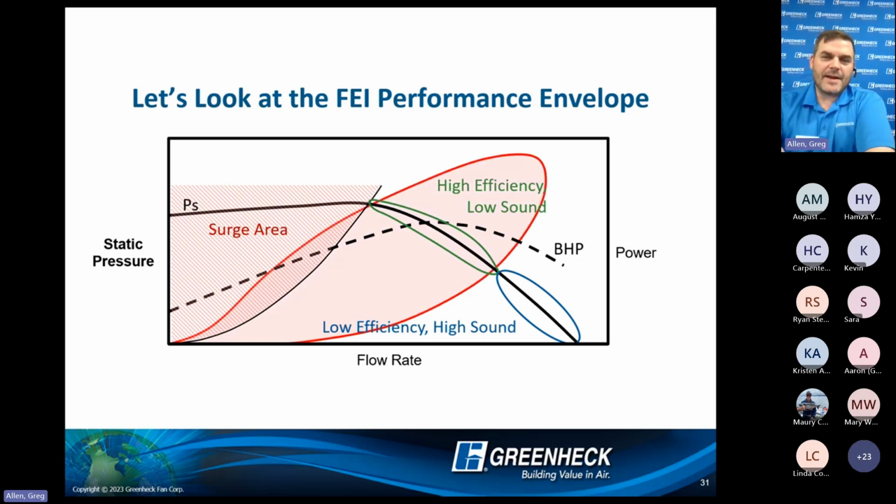But I'm going to overlay this red area. And this red area represents everywhere that this fan could operate where it has an FEI value of at least 1.0, right? So that outer edge would be 1.0. Everything within that red circle would be greater than 1, right? So this is like that peak operation.